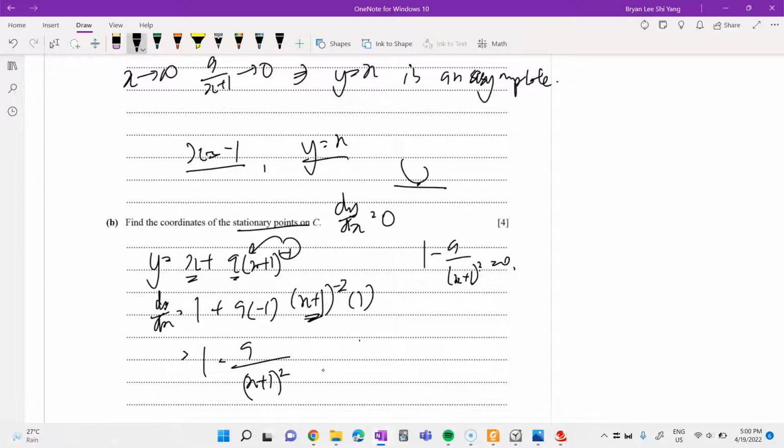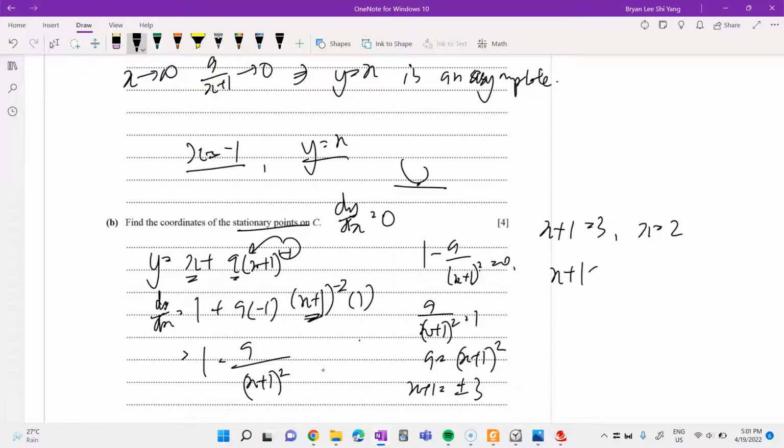Since I want this to be 0, I would need 9 over x plus 1 squared equal to 1, so 9 equals x plus 1 squared, x plus 1 equals plus or minus 3, because you have two solutions. You could either have x plus 1 equals 3, x equals 2, or x plus 1 equals -3, then x equals -4.